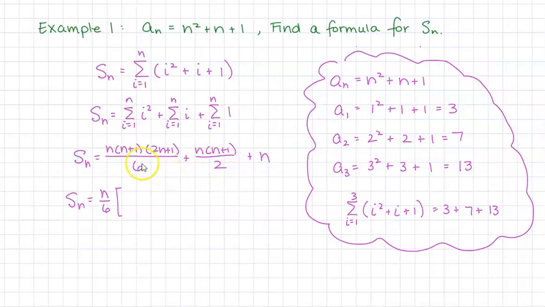So if I take n over 6 out of this first term, well, the n and the 6 are gone. So I have n plus 1, 2n plus 1. For this guy right here, let's think about this. Obviously, if the n is gone, then I'm just going to have n plus 1 in the numerator.